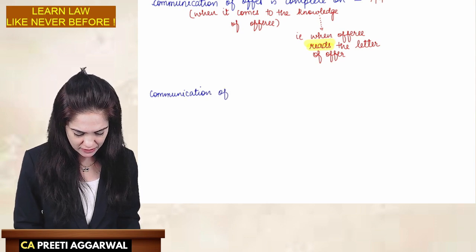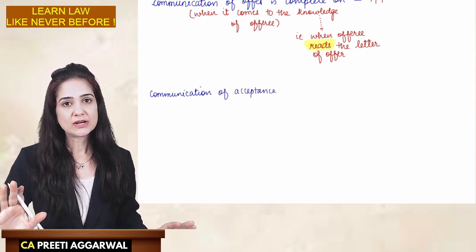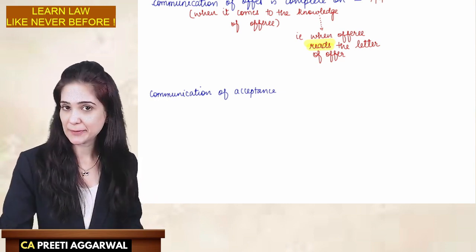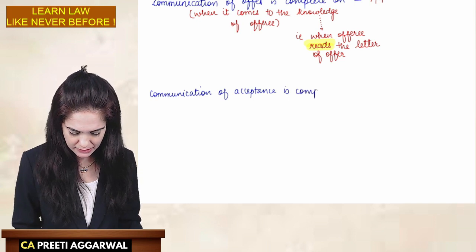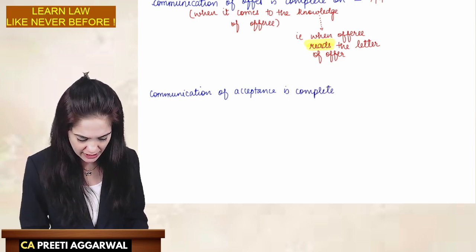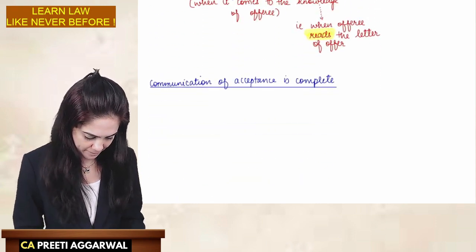Communication of acceptance. Okay, he came to know about the offer. Now he wants to accept it. So when can we say that communication of acceptance is complete? Now there are two dates over here. I will discuss it and then you can write it.